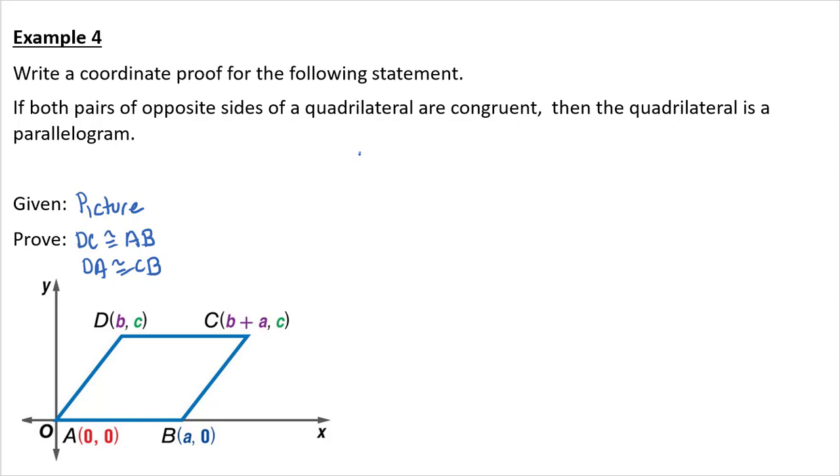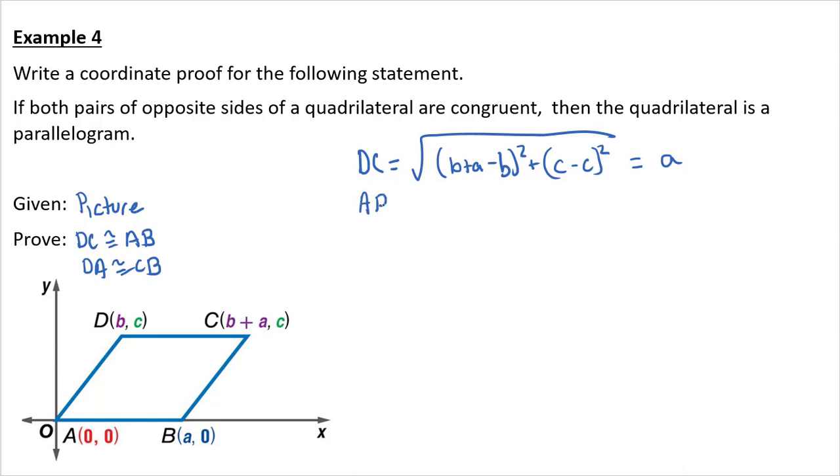Let's find the distance of DC. Using the distance formula, I have the square root of b plus a minus b squared plus c minus c squared, so that is a. AB is the square root of a minus 0 squared plus 0 minus 0 squared, so that equals a. We need to find DA now.